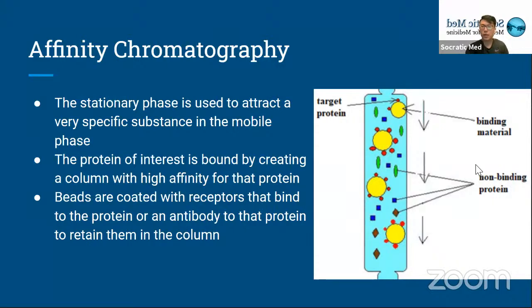You can see on the picture on the right, the yellow is the beads that you use in the column, and since they have specific receptors or antibodies, the targeted protein will be stuck in the column, bonded to the beads, while everything else that doesn't have that specific affinity for the beads will travel through the column pretty fast and won't be stuck in the column. So that's affinity chromatography.